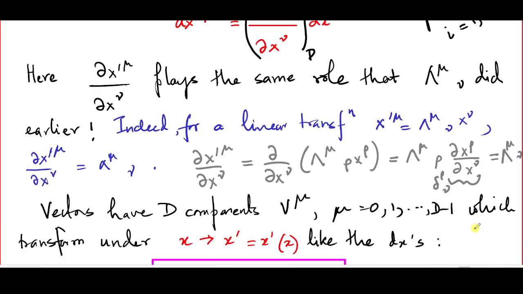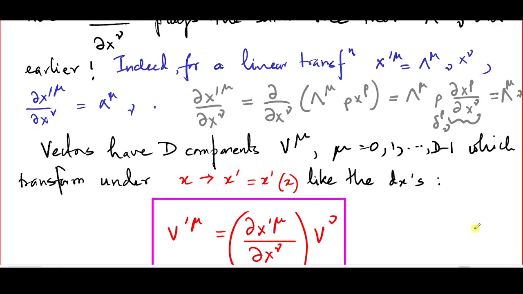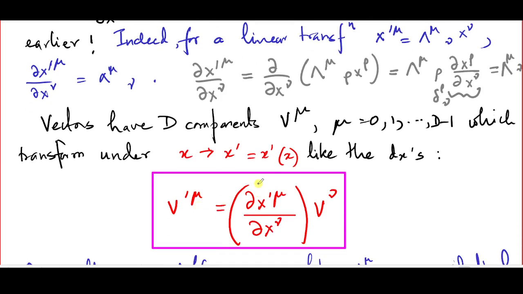And how do they transform when you carry out a coordinate transformation? The rule is, in this case, the vectors do not mimic coordinates, but rather mimic coordinate differentials. And therefore, the vectors transform linearly. V prime mu changes to del x prime mu del x nu v nu, the same coefficients as that for the coordinate differentials.